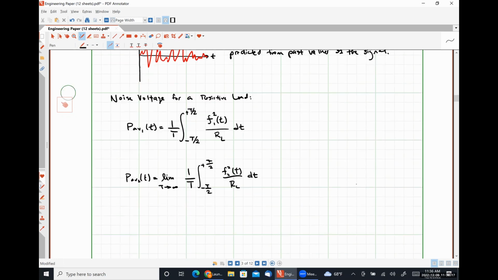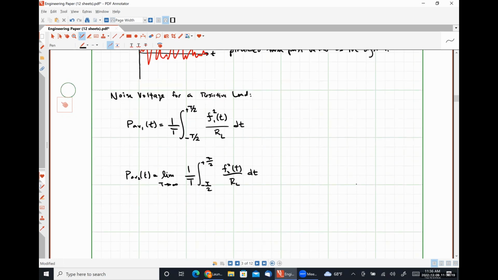We are going to define our noise voltage as Vn squared is simply our average power divided by our load resistance, which comes out to be the limit as T approaches infinity of the integral.